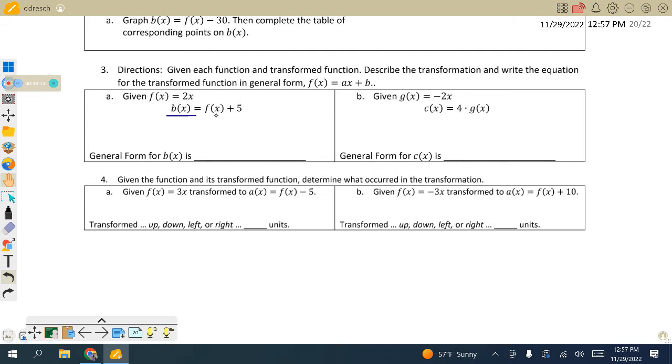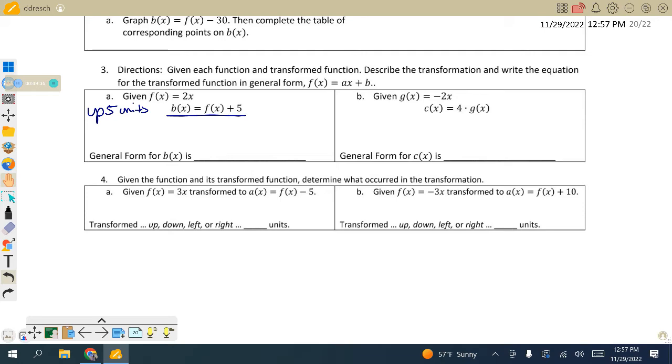When you read this transformation, what is happening? It's a +5 at the end, and a +5 or a -5 at the end goes up and down. So when I say describe it, I want you to tell me, yes, up 5 units.